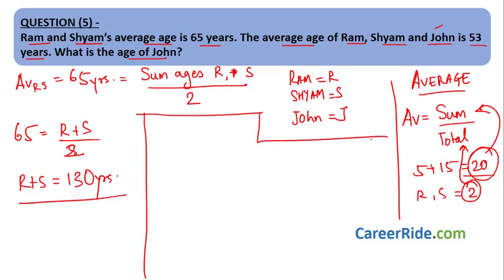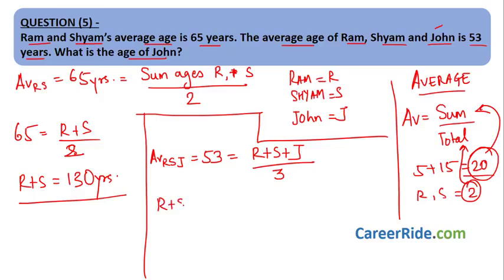What they have given, average age of Ram, Shyam and John is 53 years. That is nothing but age of Ram plus age of Shyam plus age of John divided by total number of observations. How many people are there right now? There are Ram, Shyam, John. That is 3 people. So divide by 3.